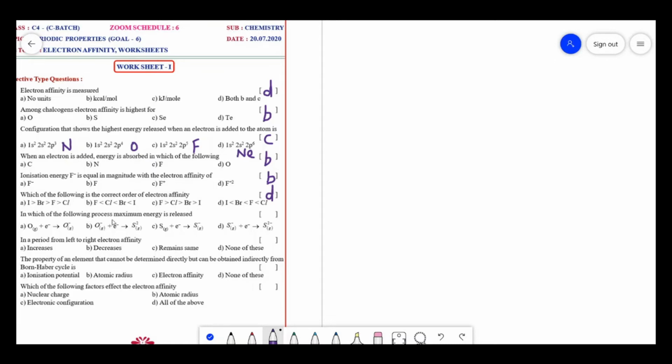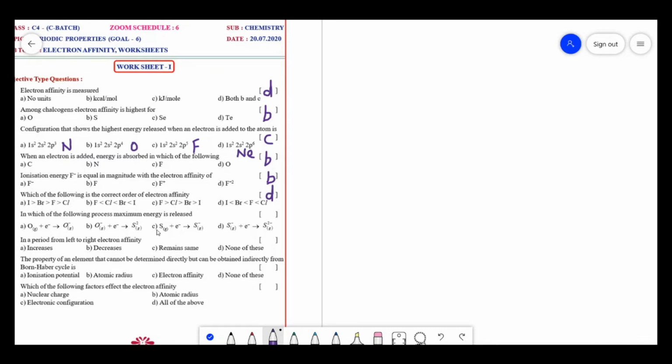Which of the following processes releases maximum energy? Energy is released only by adding one electron. If you add one electron, then energy is released. And here the possibilities are A and C. Why? Because in both these cases, electron affinity 1 is taking place. So energy is released means electron affinity 1 only.